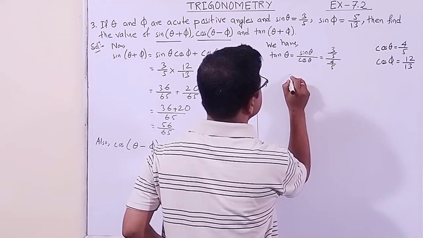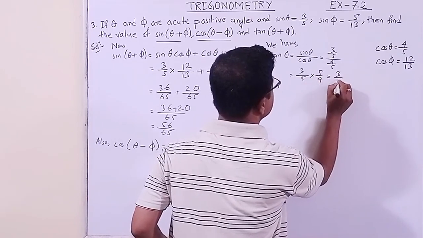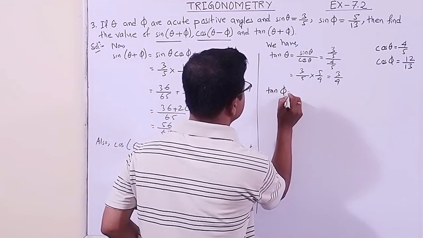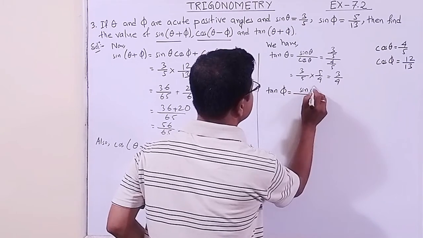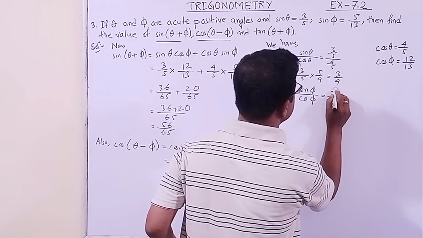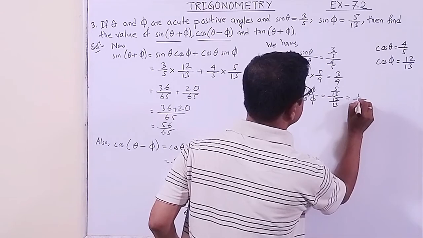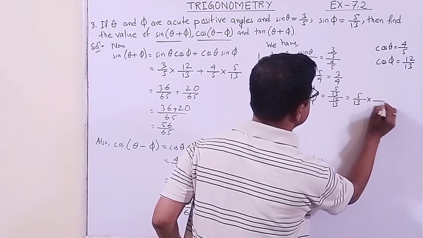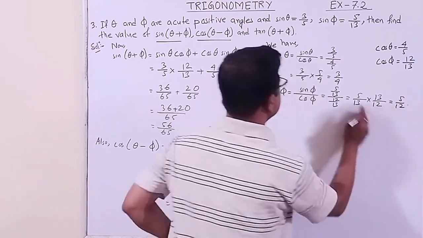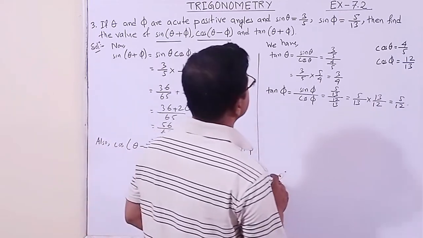So actually it is 3 by 5 into 5 by 4. 5 cancel, it is 3 by 4. Tan theta is found. Now tan phi. Tan phi means sin phi by cos phi. Sin phi is 5 by 13. Cos phi is 12 by 13. I'll find it here due to the lack of space. 13 by 12, 13 cancel, it is 5 by 12. You will do it serially, okay, not like this. I have less space, that's why I have to do it in this manner.